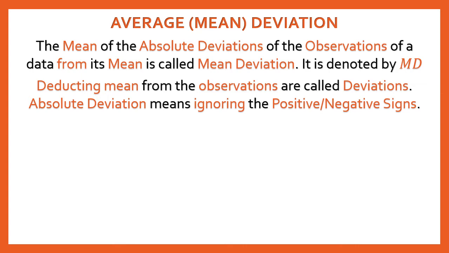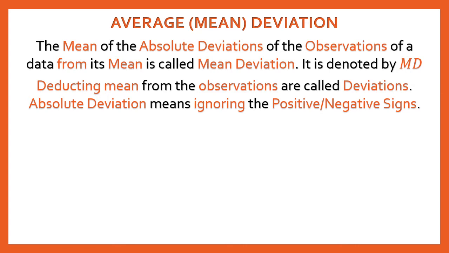When we deduct mean from the observation, we may get positive or negative answers. But absolute deviation means putting modulus in those values, so we just have to ignore the signs. Positive or negative doesn't matter, we will just take them as positive values. So that is called absolute deviation.